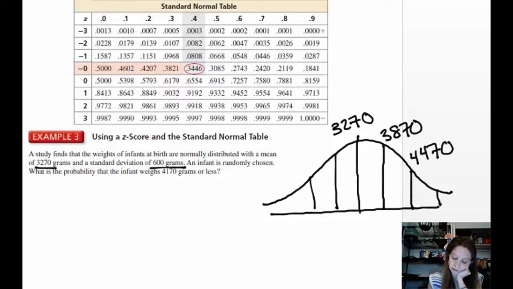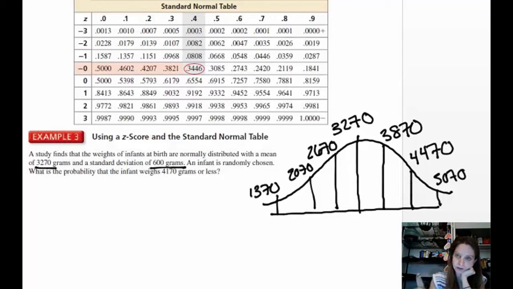Let me do just a few more. So this is going to be 2670, right? So I'm adding 600 each time I go a standard deviation above the mean, and I'm subtracting 600 each time I go a standard deviation below the mean. And then we have 2070, and then 1370, and I'm just missing 5070.